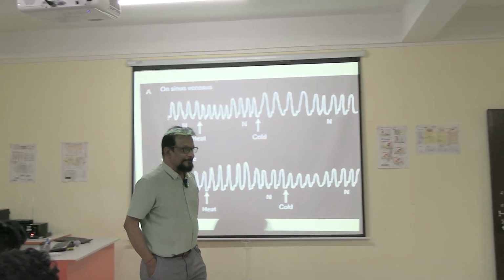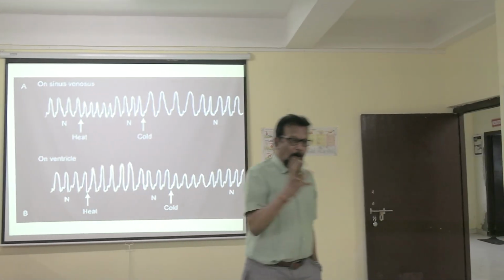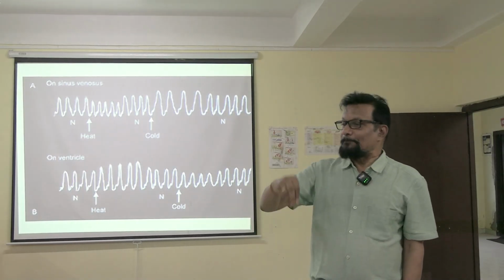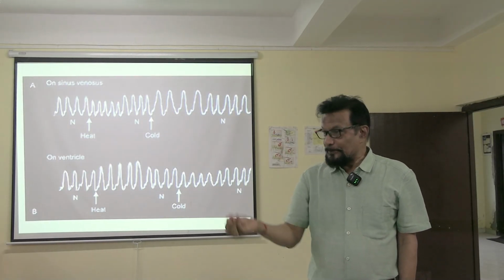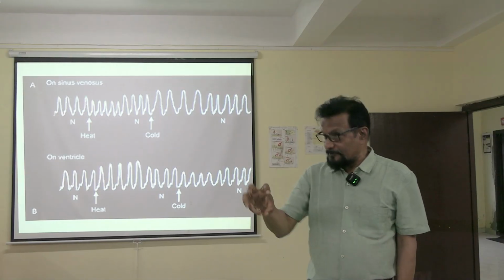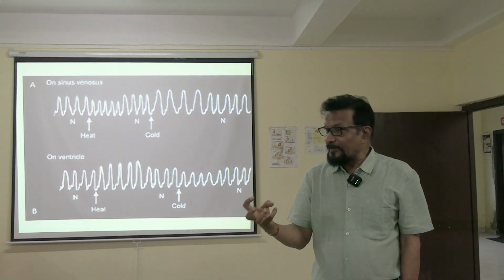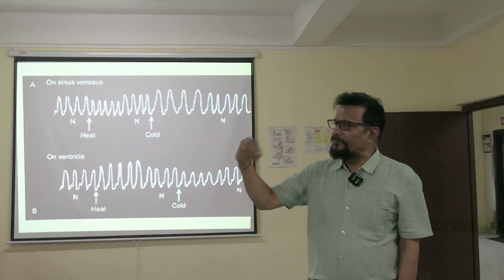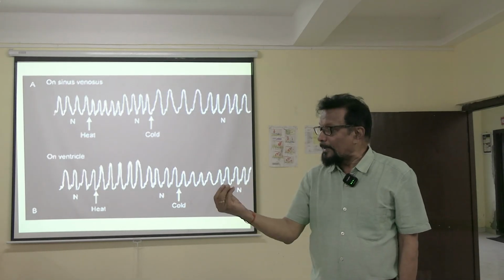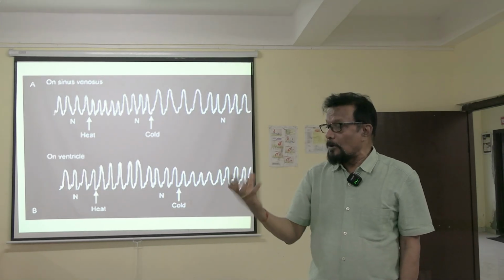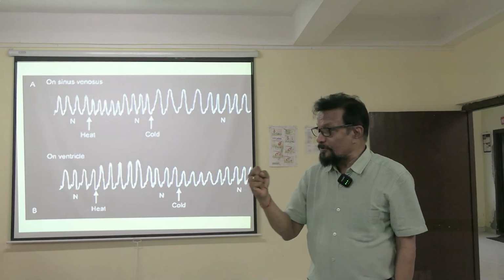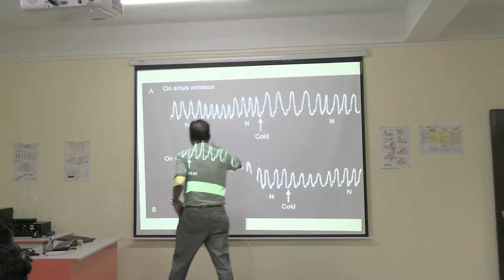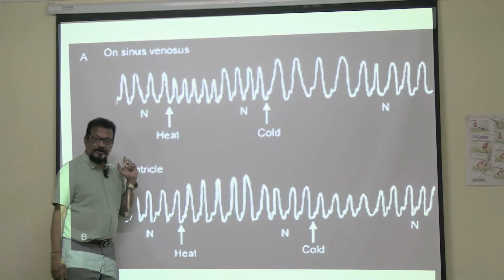Now we have got the normal electrocardiogram. We can perform various experiments to see the effect of different drugs or different external factors on the normal heart rate and normal force of contraction. Two things are evident from this tracing.